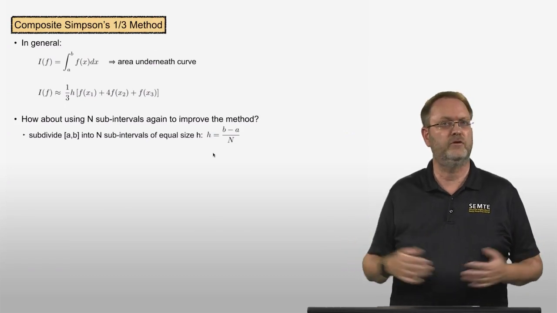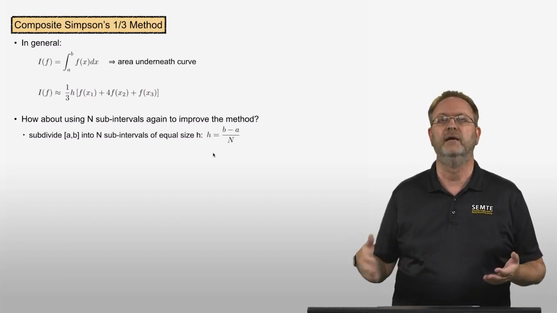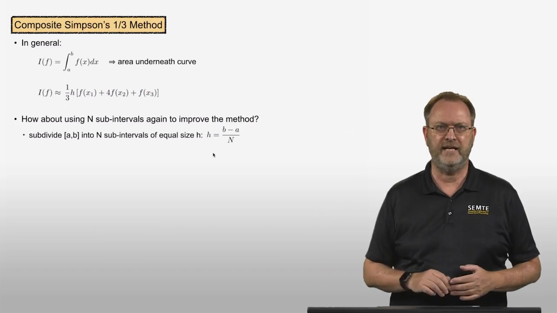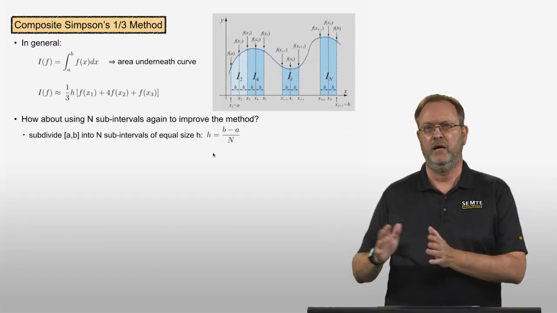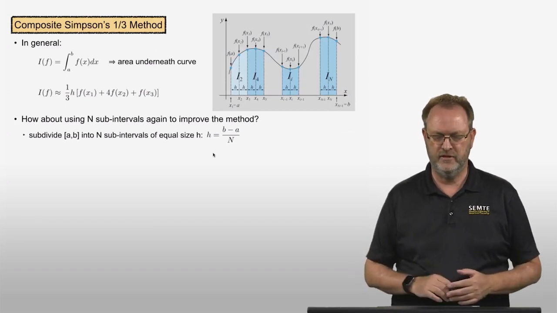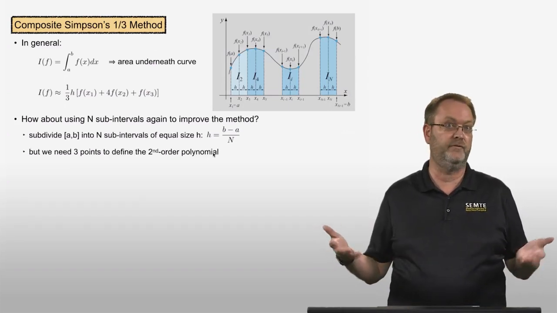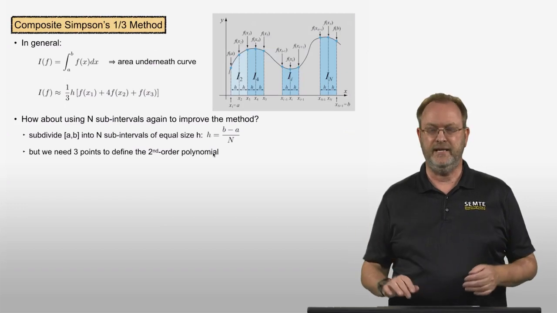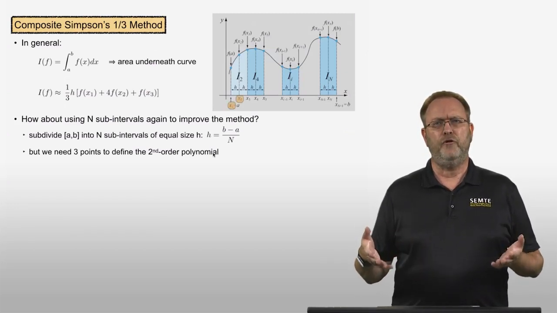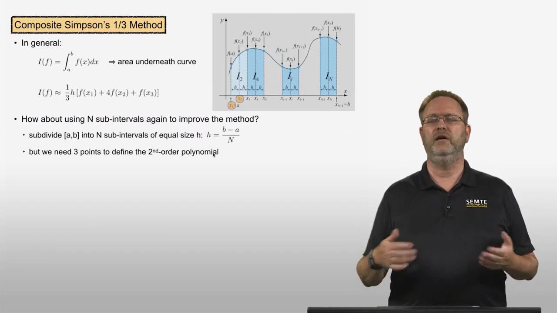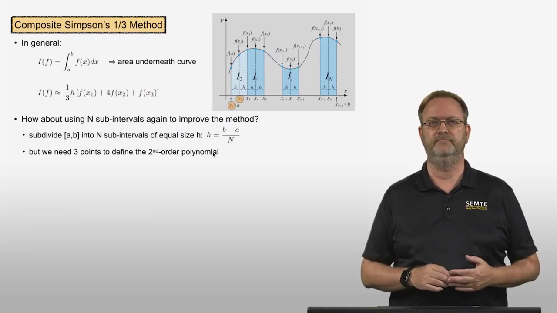If we have n of those subintervals, the size h would be b minus a divided by n. So that means here we'll have now n subintervals. We need 3 points to define a second-order polynomial, which means if we look just at the first subinterval, we only have 2 points available.